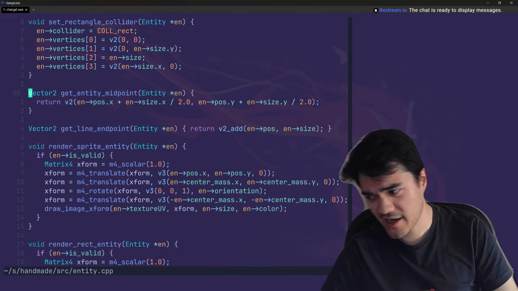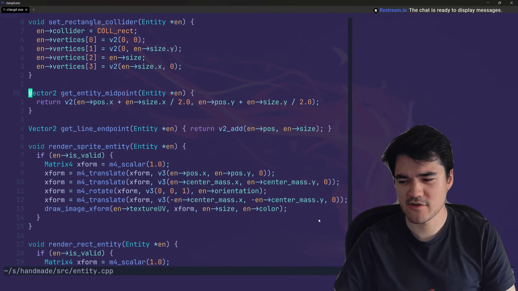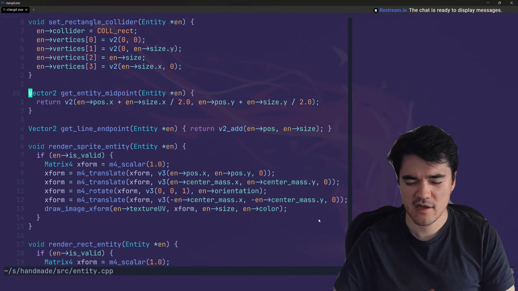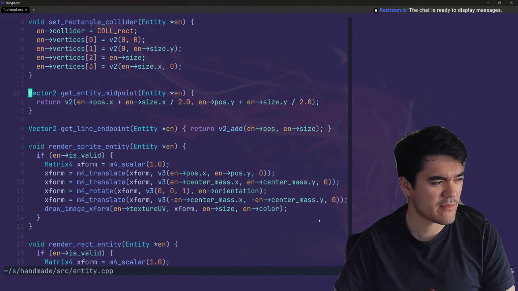I think in Charlie's version of the code base it was left-hand coords, just to make it more friendly for people that haven't done graphics programming before, ostensibly.